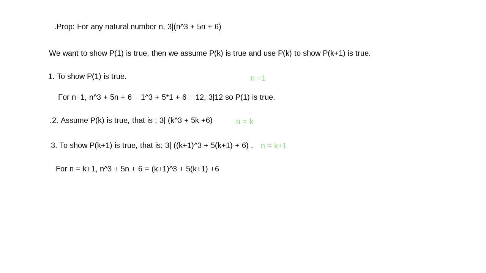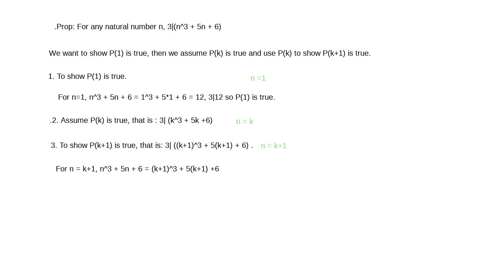That's k cubed. Hold on one second. We want to use 3 divides k cubed plus 5k plus 6. We want to use P of k. All right, so let's do that. So we get k cubed plus 3k squared plus 3k plus 1.